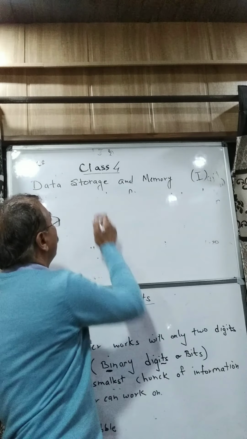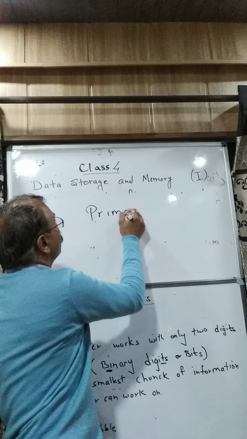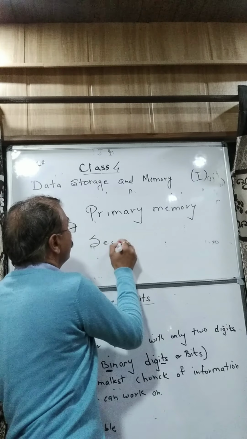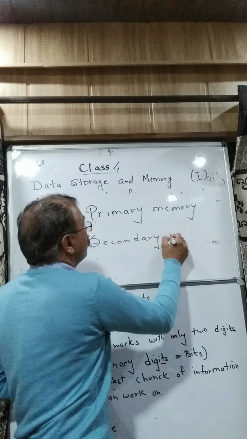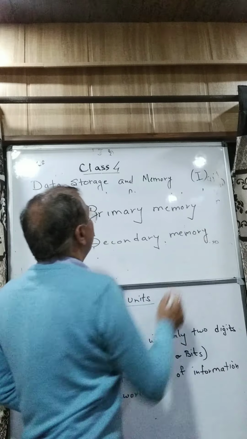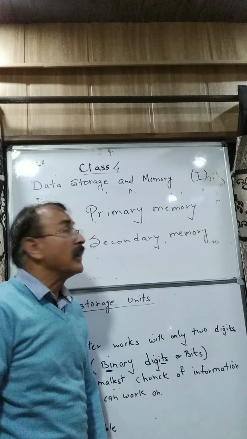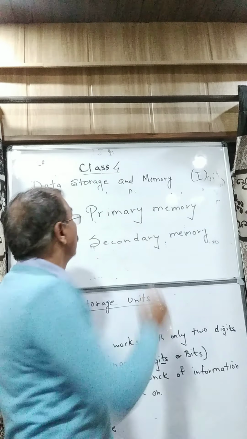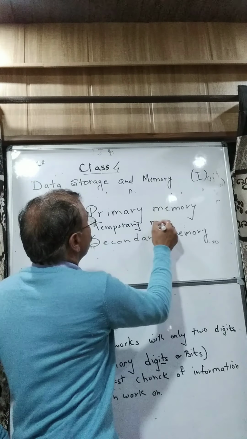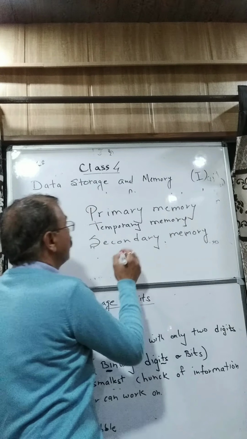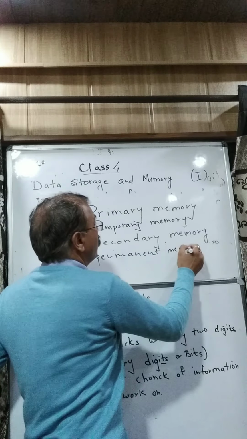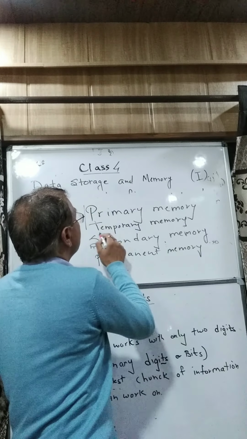Primary memory is also called temporary memory, and secondary memory is called permanent. Now, what is temporary and what is permanent?